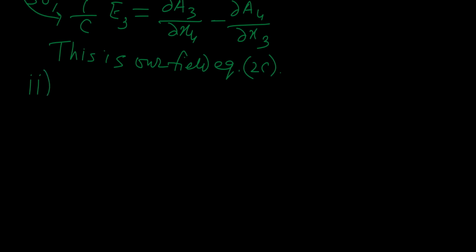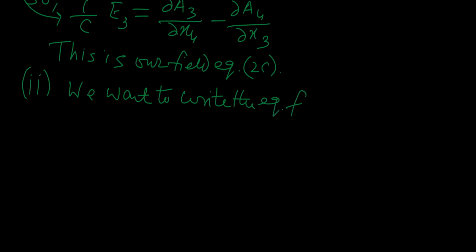In fact, we want to give an example for the component of the magnetic field vector B. Let us say B1, B2 or B3, anything; I want to write the equation for the B2 component.